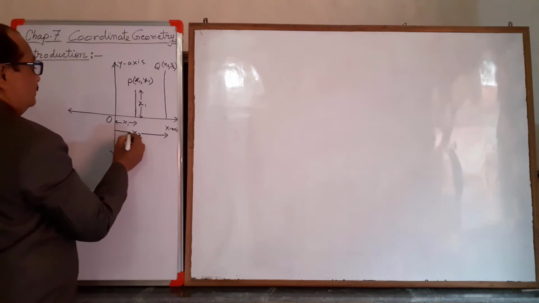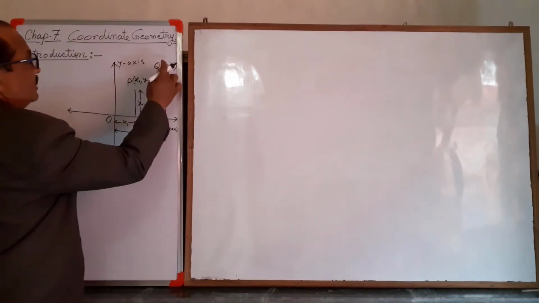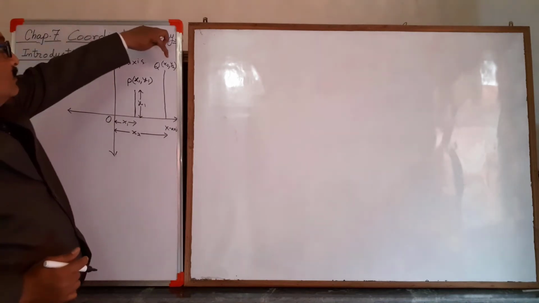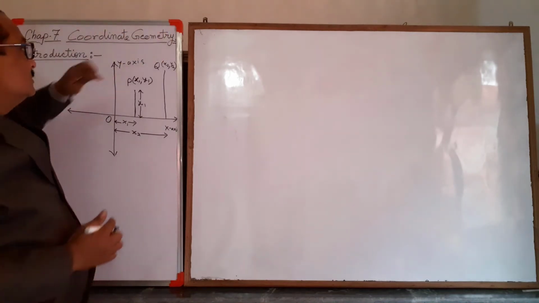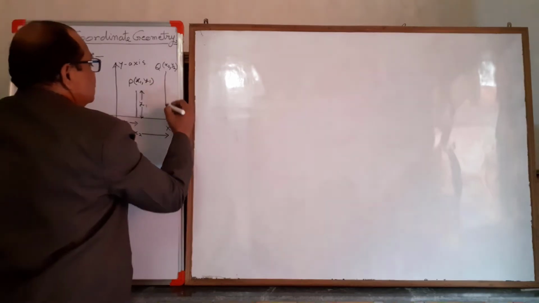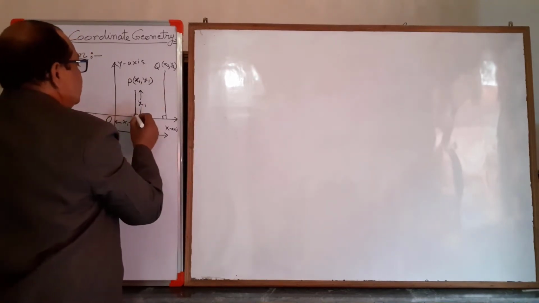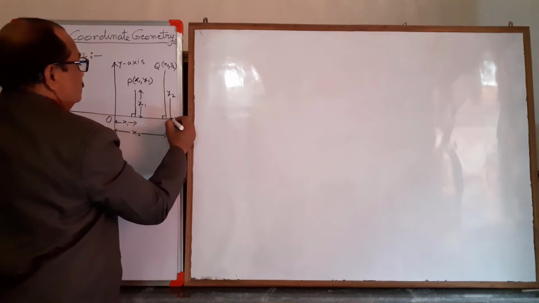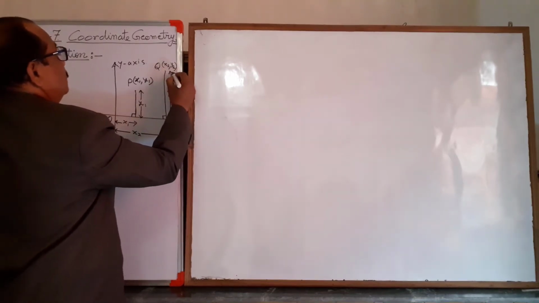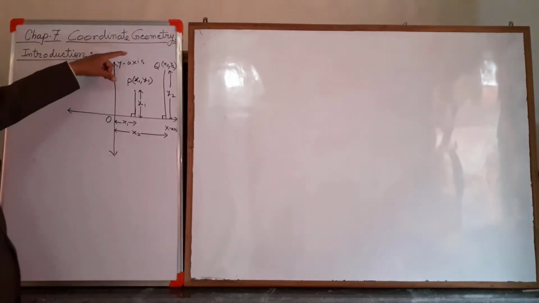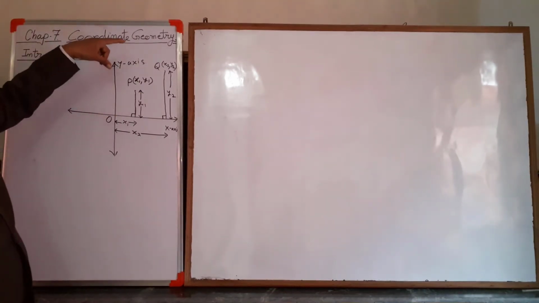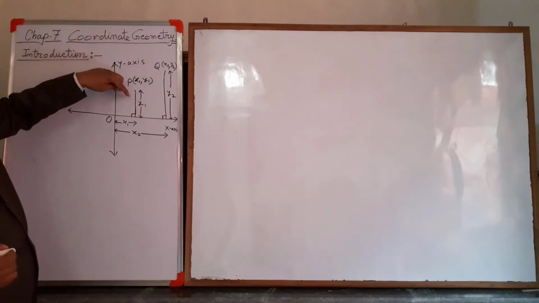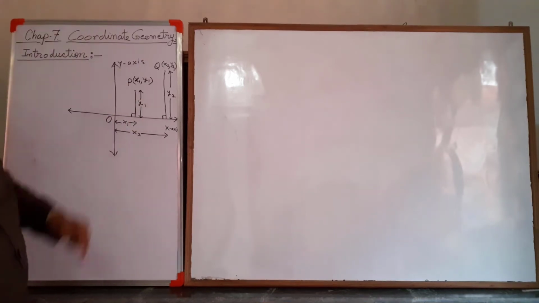Distance of the point from y-axis is x coordinate, and you can see y coordinate of this point is distance from x-axis. Distance means perpendicular distances. It is y2. So if any point is given on this coordinate system, on that coordinate system you can locate these distances.